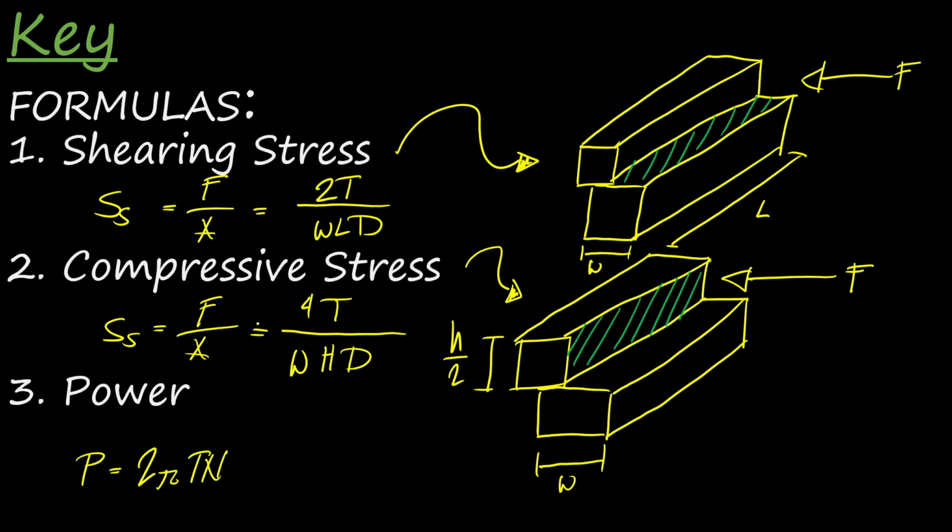Okay. So what we have here is that 2T over D is just force, because we know that torque is just force times radius. And we know that radius is just diameter divided by 2.